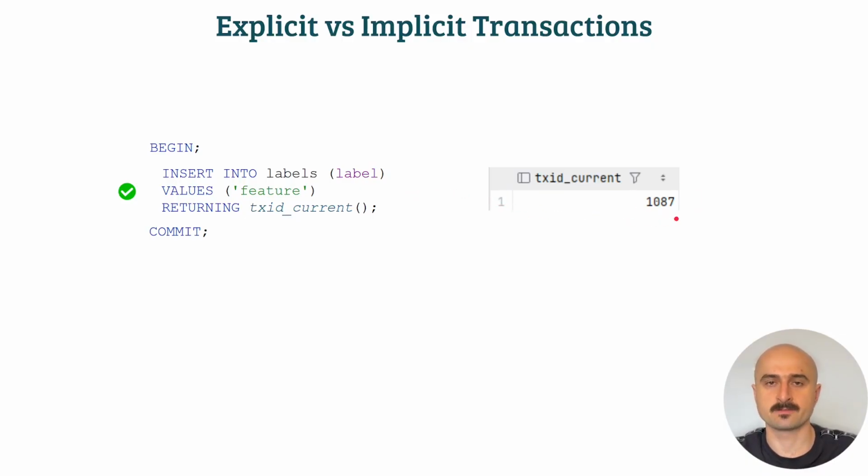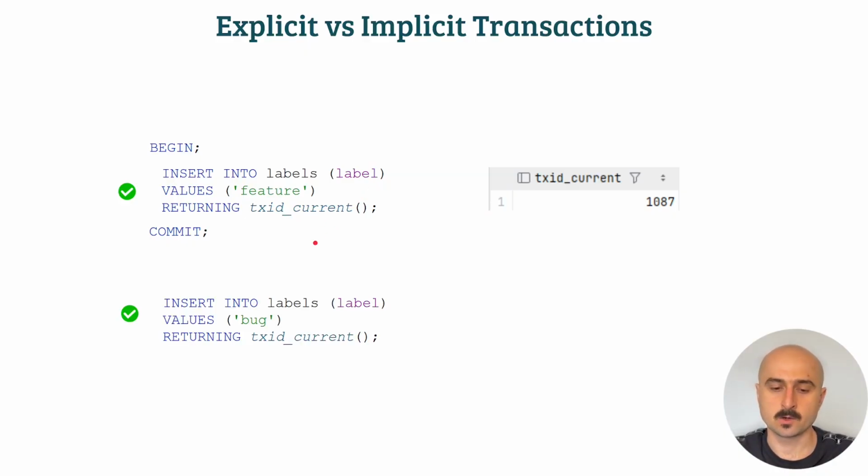Otherwise, we would not have any transaction ID, right? So what happens if we execute a second insert statement now? Well, same thing happens. PostgreSQL sees that this insert statement is executed outside of an explicit transaction, so it's going to always execute such statements in an implicit transaction.